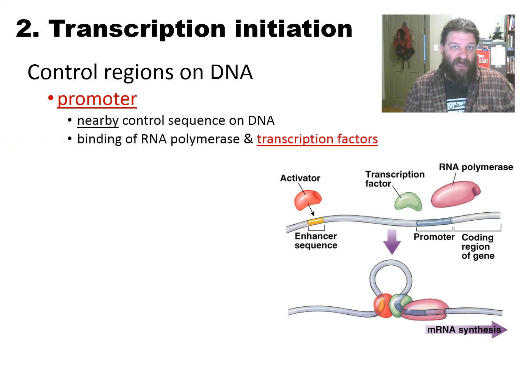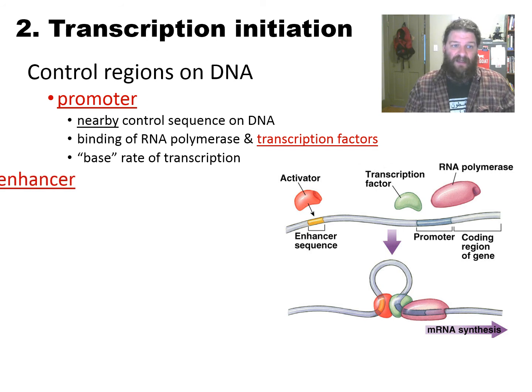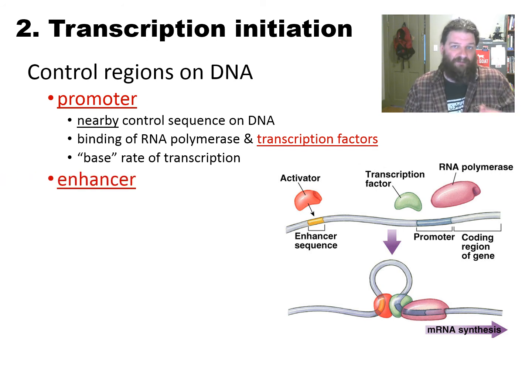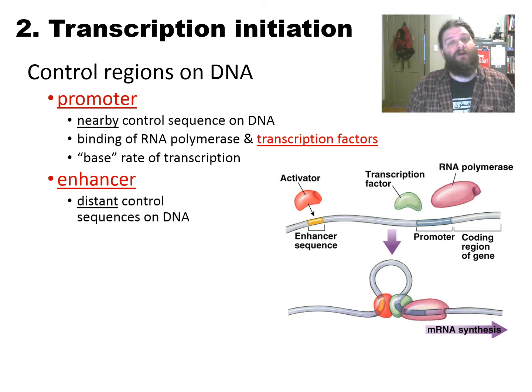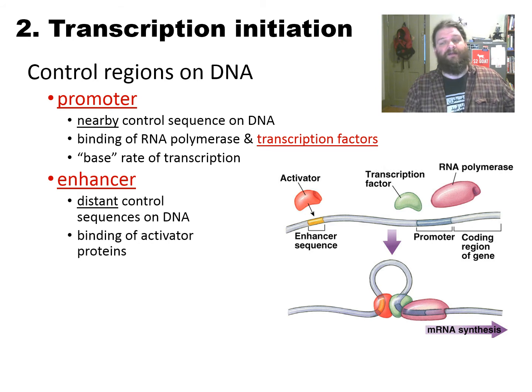It's going to give a spot for the RNA polymerase and other transcription factors to attach and actually start the process. This is kind of like just the basic rate. As long as it's there, it's going to be happening okay. But there are other places further away, called enhancers, that allow for other proteins that will then complex with the transcription factors to allow the whole thing to happen even better.